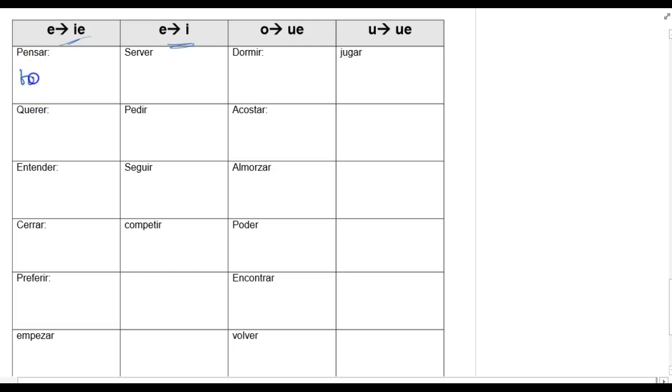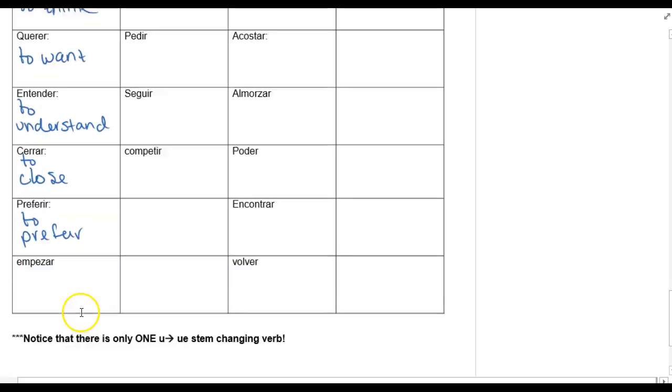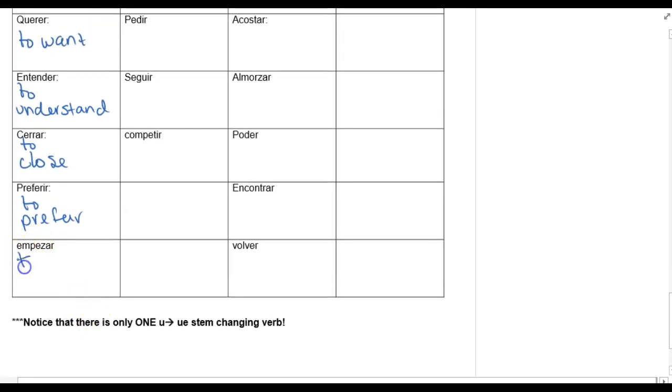Pensar means to think. Okay. Querer is to want. Entender is to understand. Cerrar is to close. Preferir is to prefer. And the last one, empezar, is to begin or to start.